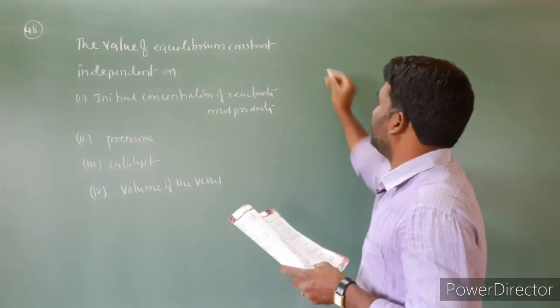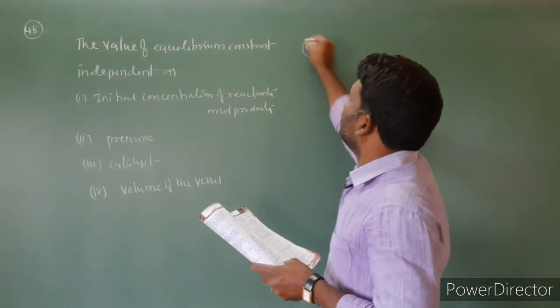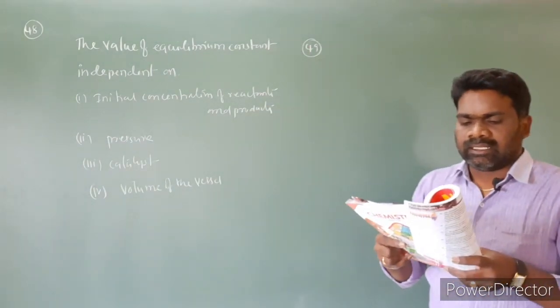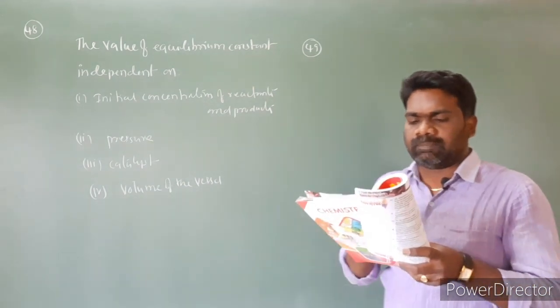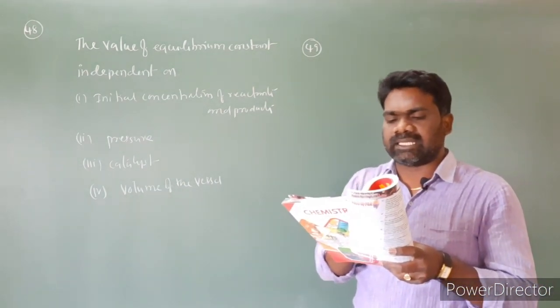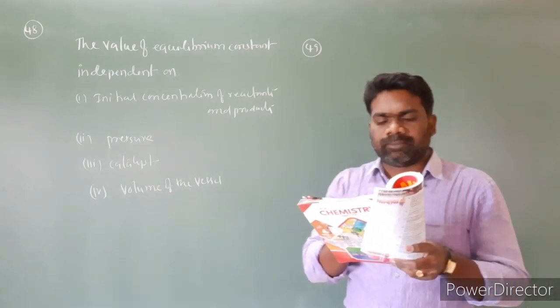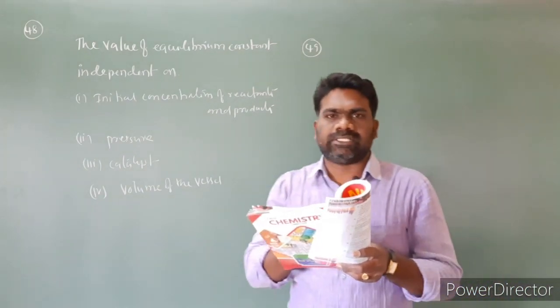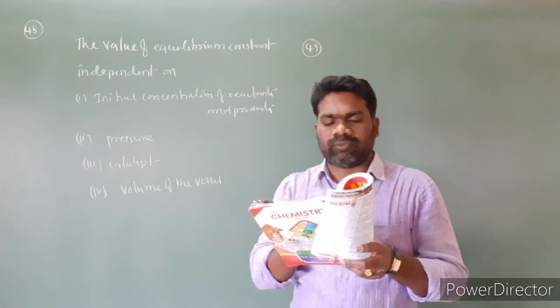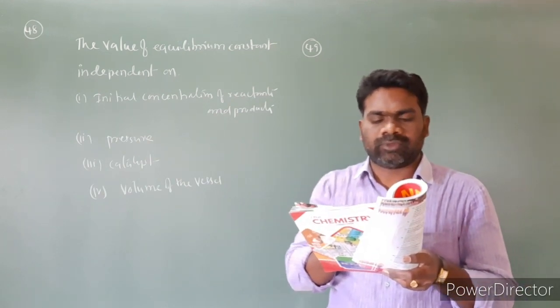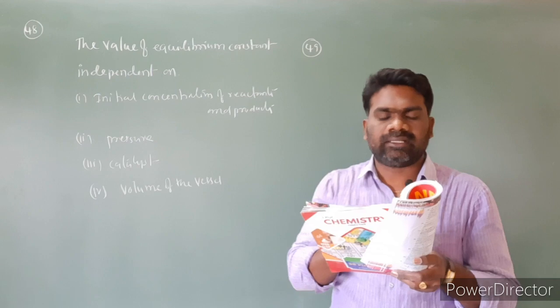Next, question number 49. Look at the question. A plus B plus heat gives rise to 2C plus 2D. At equilibrium, the concentration of B is doubled. By what factor should the concentration of D change to retain the equilibrium?